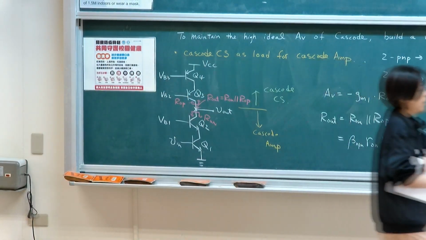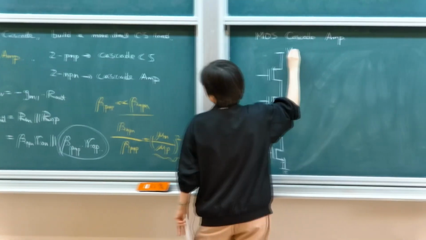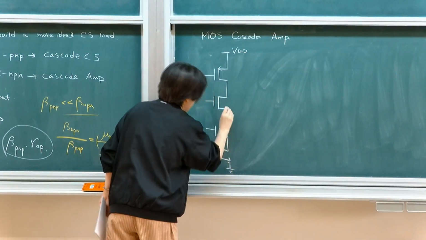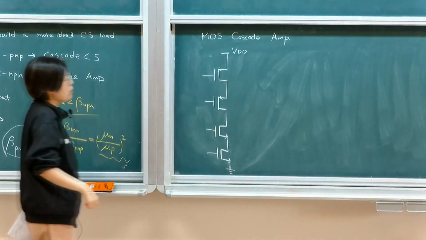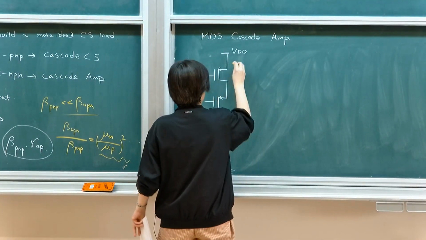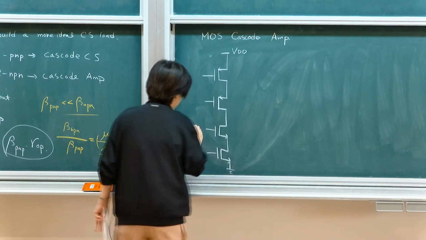Okay, you can think about it, but it's actually more prominent in MOSFET, body effect. So I have 2 PMOS as the current source, it's the same. Okay, let me write it down first.